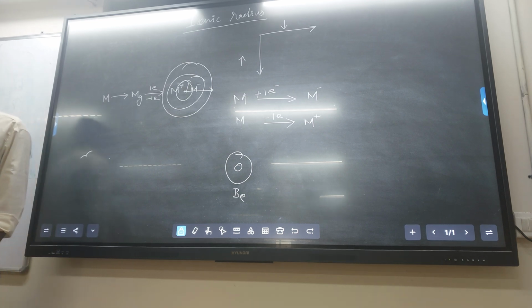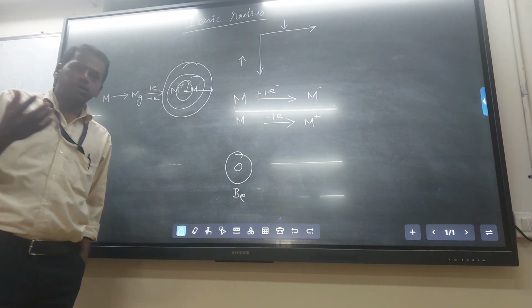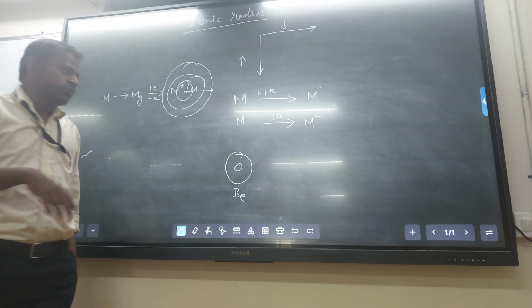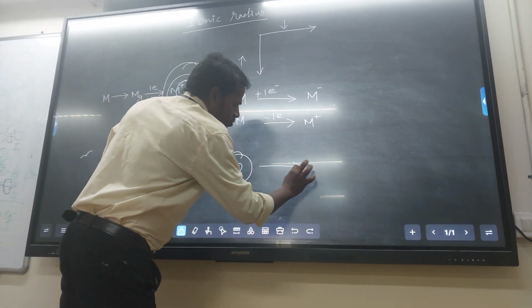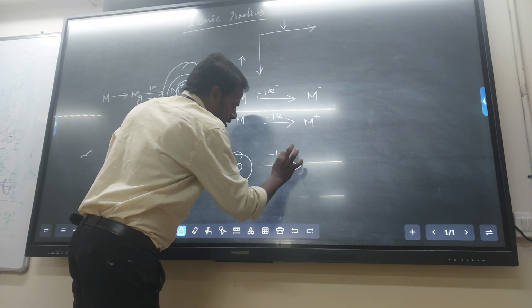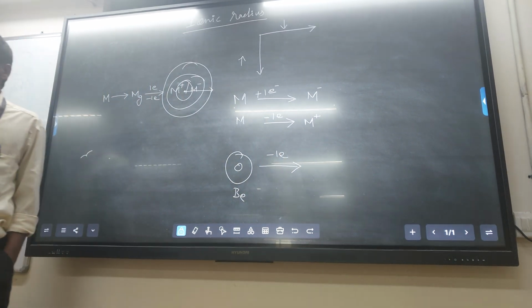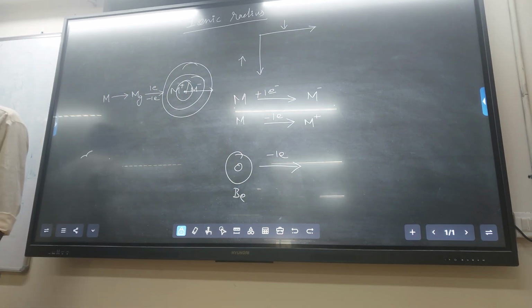Beryllium, you take it; otherwise lithium also, no issue. Here you remove one electron. What is the configuration of beryllium? What is the atomic number?